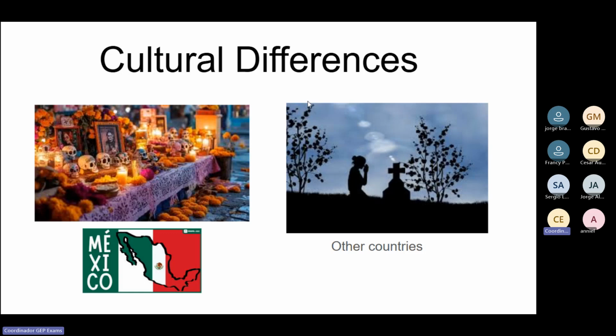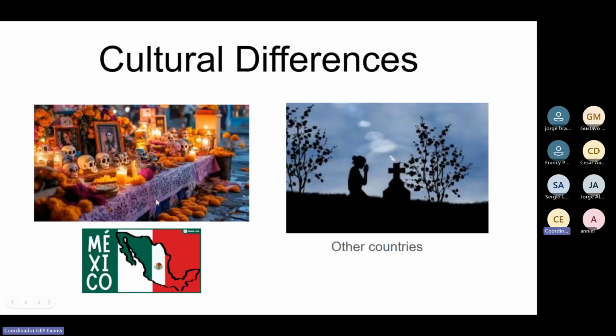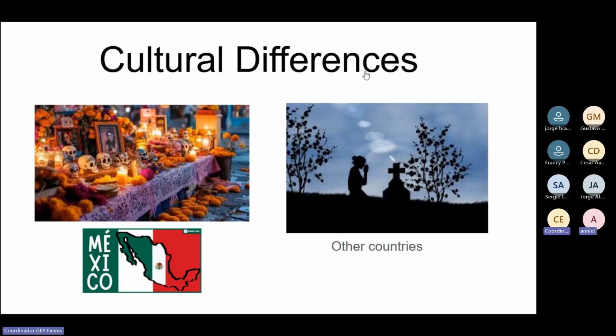So Aniel, what is your perspective? In your opinion, what is the best way to face death, this one or this one? Okay, good day. I think that the best picture to describe the death could be the right picture, because you can see a person maybe praying for someone who died, and also a cross in the ground.